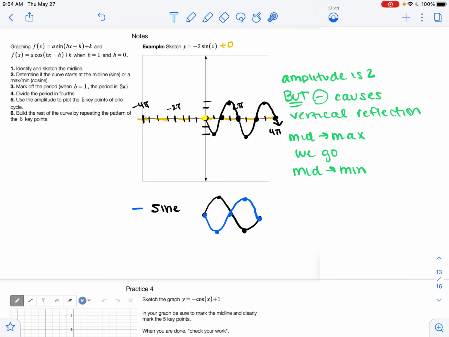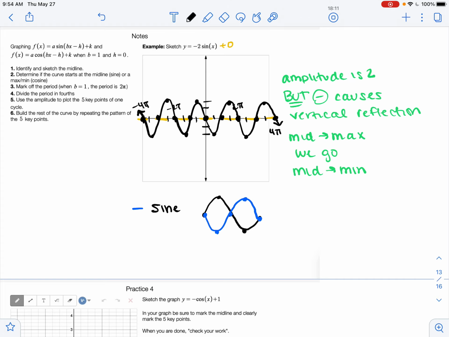We left off at the midline, so we have to make this match. So careful, don't go minimum, right? Because to repeat this behavior, we're actually going to have to go up to the max on the left-hand side, down to the midline, then to the minimum, back to the midline. So here's a second cycle, repeating again, max, mid, min, mid, and then forever and ever.